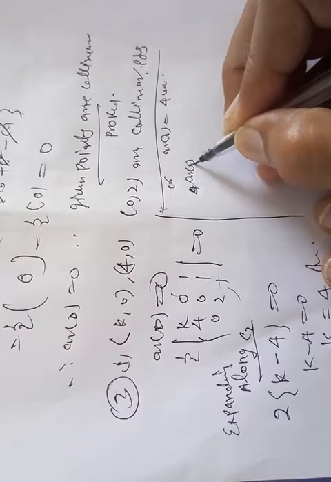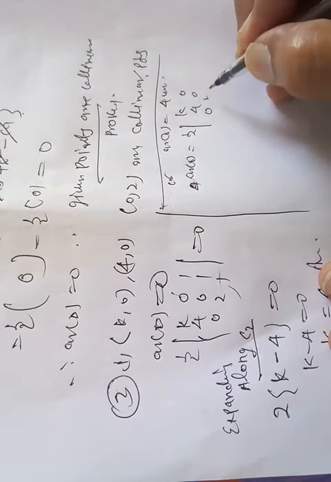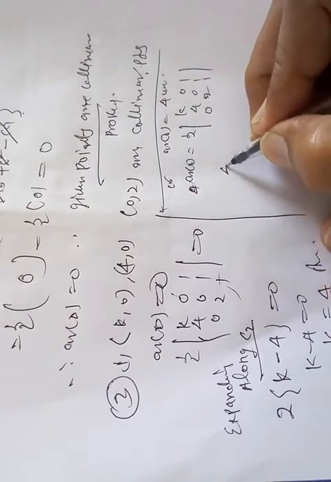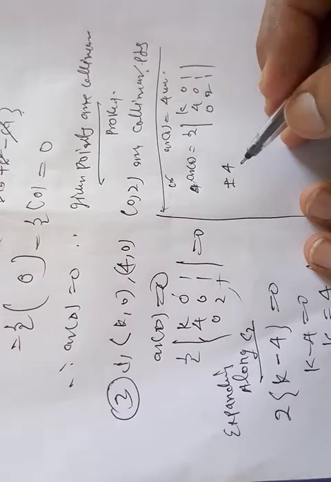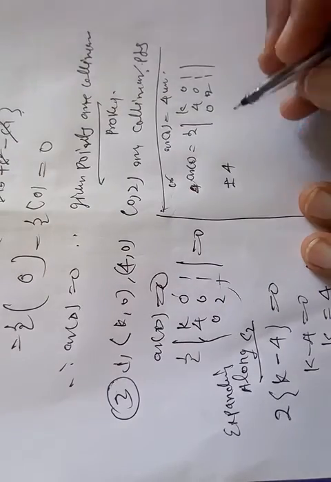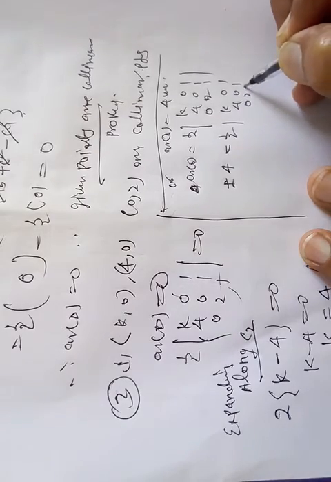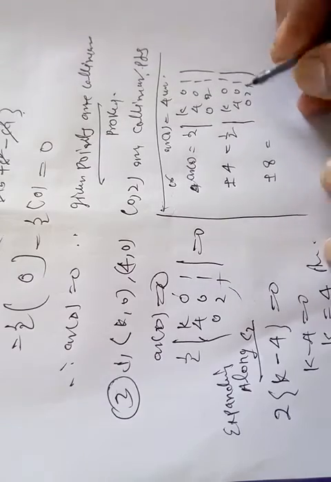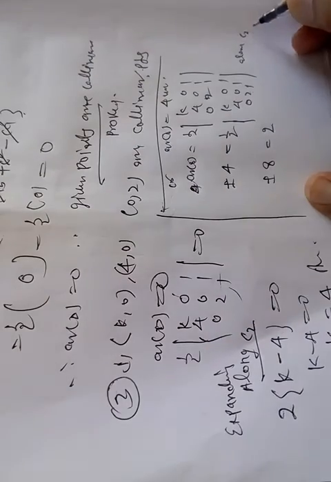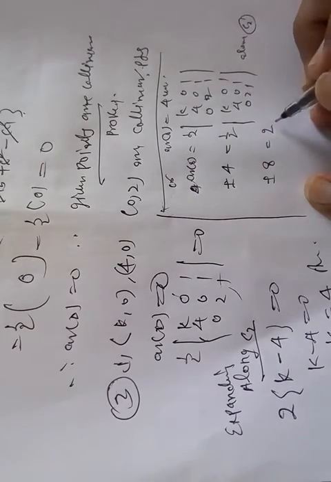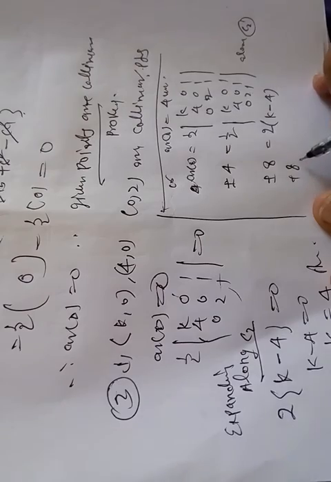So the area of triangle is 1 by 2 determinant of k, 0, 1; 4, 0, 1; 0, 2, 1, and this equals 4 units, with plus minus according to the area of triangle property. If the area is given, we take both the positive and negative value. Dividing by plus minus 8, and expanding along C2, we get k minus 4 equals plus minus 4.